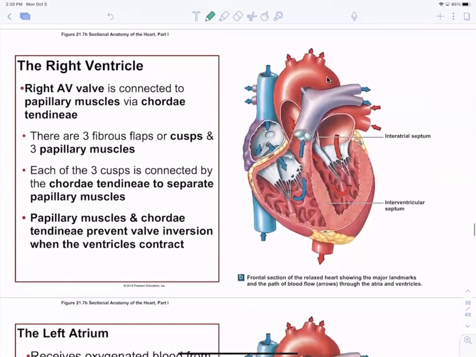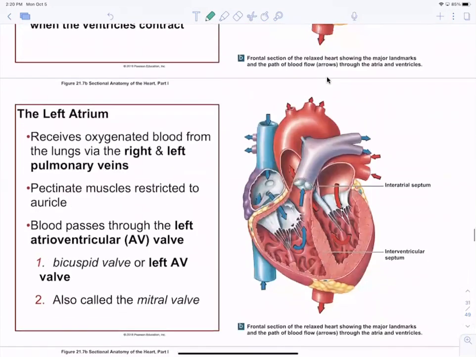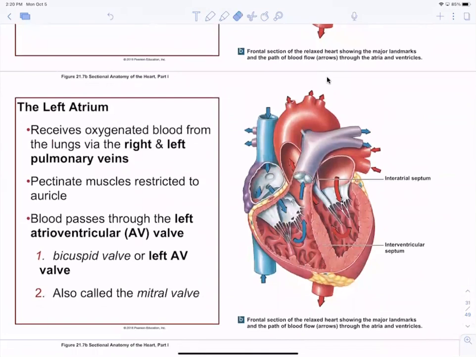Okay, so good to read through all these points so you understand. Also good to go through the left atrium, receiving oxygen-rich blood from the right and left pulmonary veins. Again, there are pectinate muscles in the left atrium, and there's a left AV valve, bicuspid valve, also called the mitral valve, that is here.